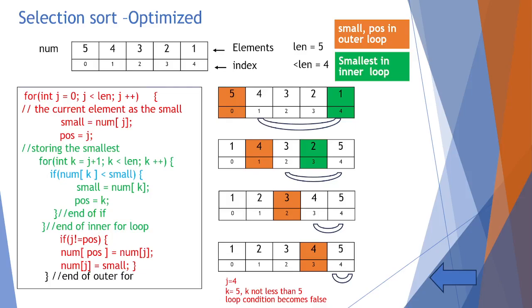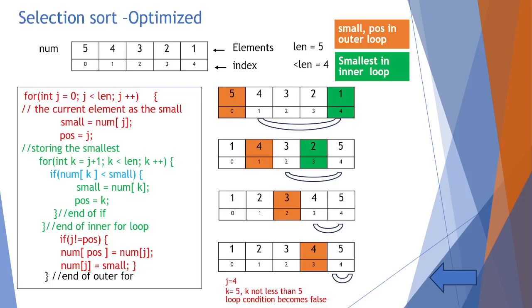In the second iteration of the outer for loop, 4 is picked up and the inner for loop searches for the smallest from 3 to 5 numbers only, the rest of the array. Now 2 and 4 are swapped.